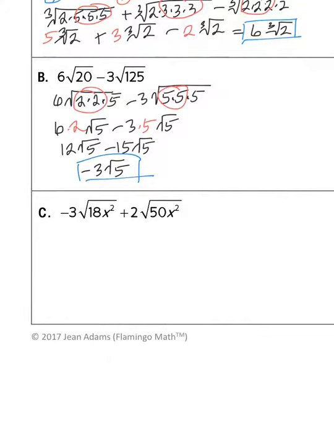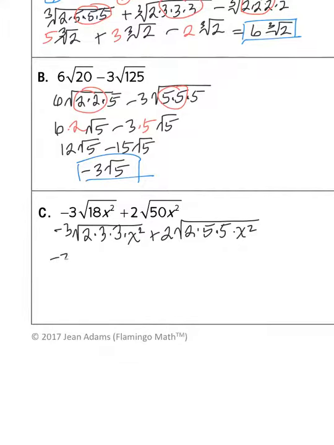Don't forget your index rule. So I'm going to prime factor 18 and 50, and I have -3 square root of a 2 and 2 3s along with an x squared, plus 2 square root of a 2 and 2 5s and an x squared.